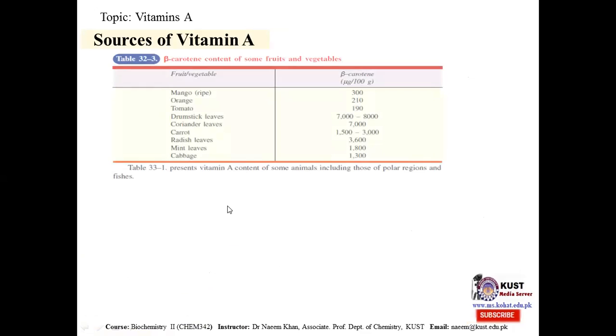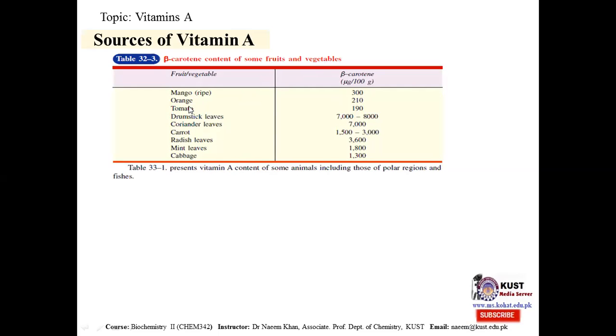Coming to the sources of vitamin A, if we look into the beta carotene in fruits and vegetables, we can see that the important fruits are mango, which has up to 300 microgram per 100 gram of fruit.